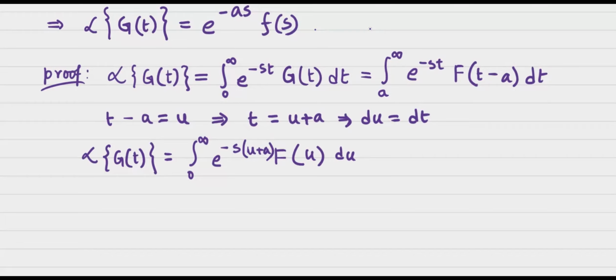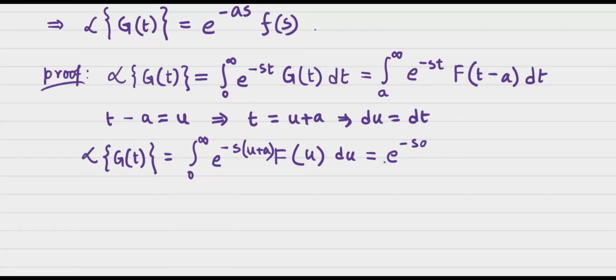Well, the dummy variable is the dummy variable. It doesn't matter what the actual variable is, because after a sum, the index always goes away, and after an integration, the dummy variable always goes away. So what we can do now is take e to the power negative sa, because that whole part is constant, and take it out of the integral.